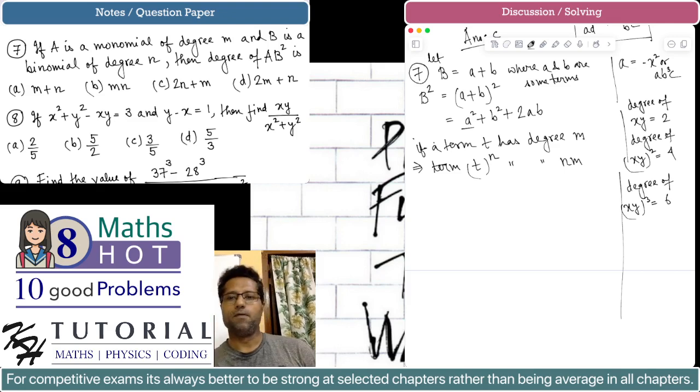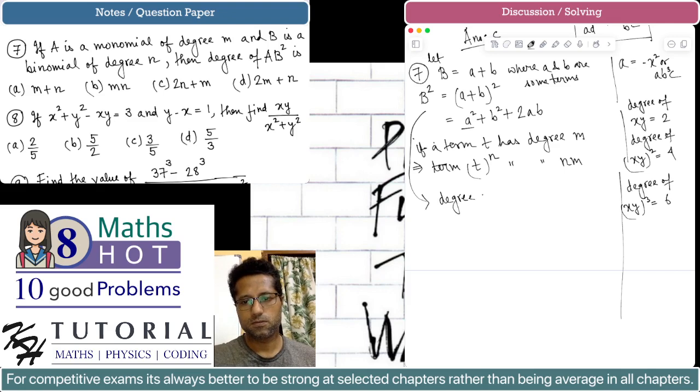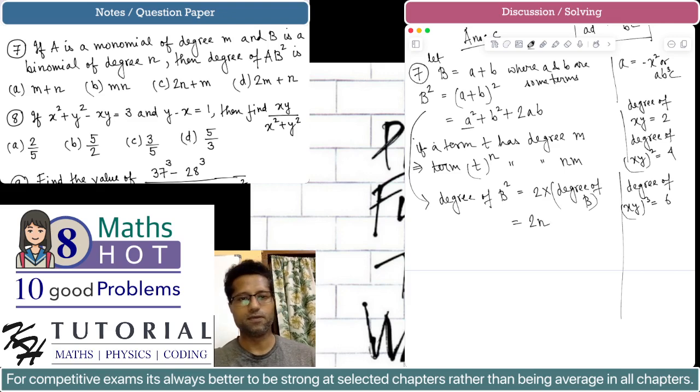So from here we can say that the degree of B square will be equal to 2 into the degree of B, which is equal to twice n, because it is given that n is the degree of binomial B. Okay.